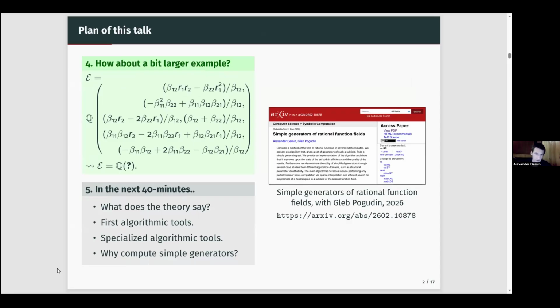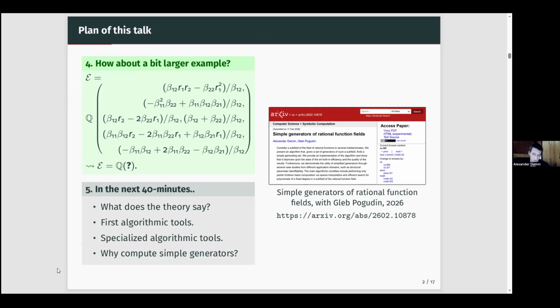Here, for example, on this slide, in the following examples, there are more indeterminates. There are no clear symmetries. And we would like to devise an algorithm that, given such a set of generators, finds some simpler generating set. Now, just very recently with Gleb, we put online a preprint.